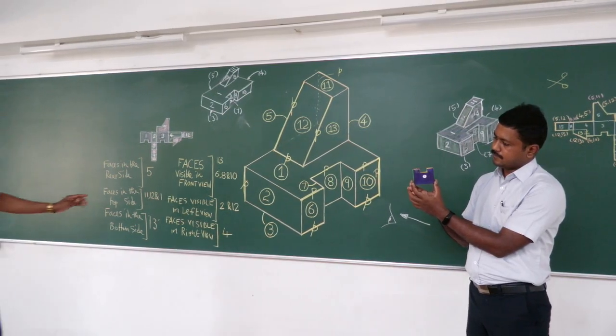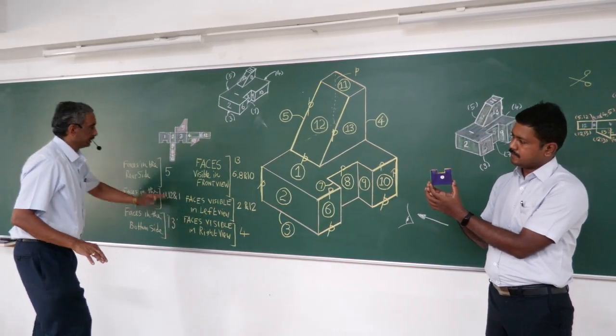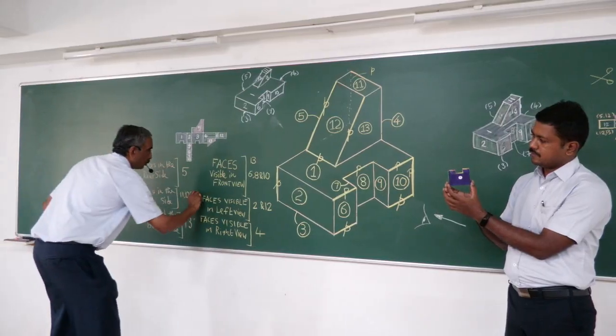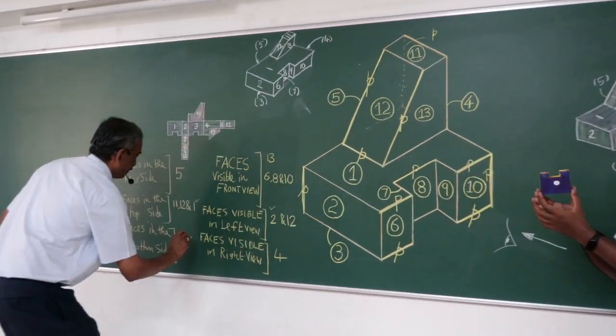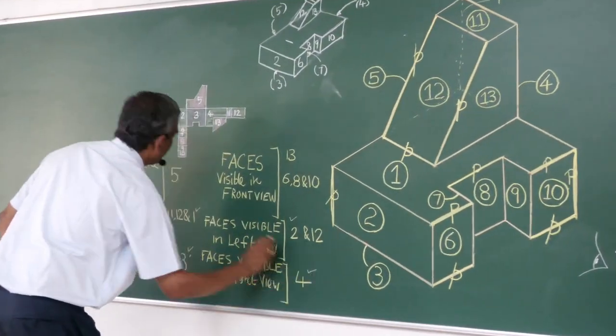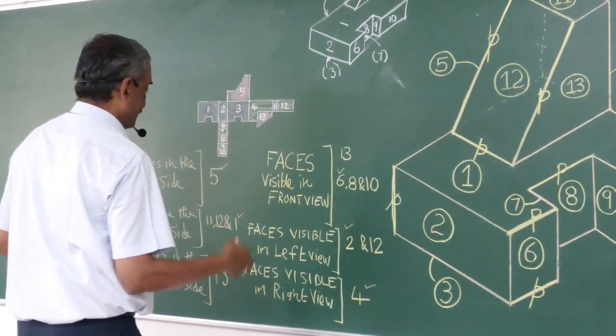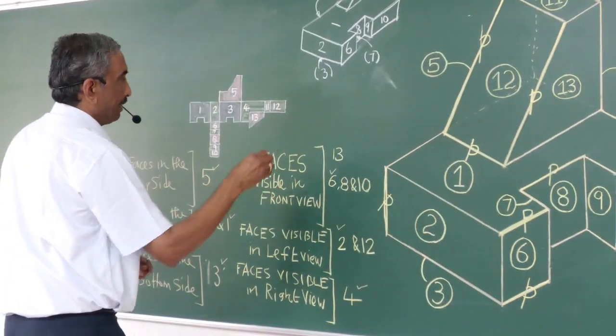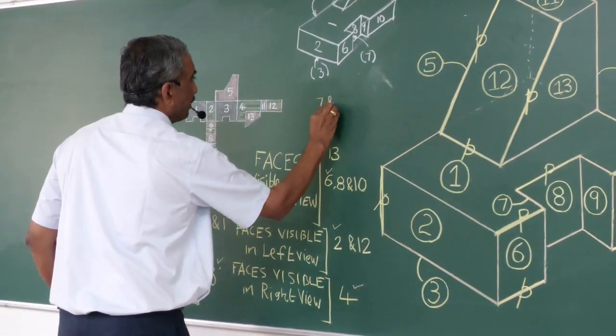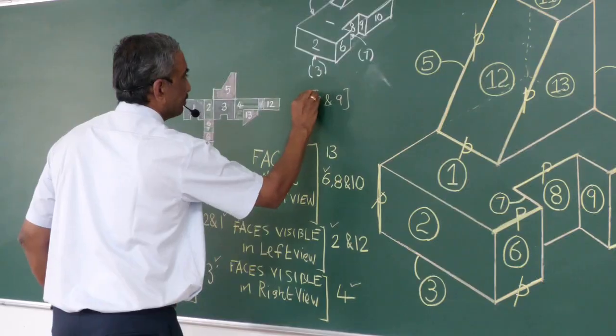You can find out whether all the faces are seen here. We have 1, 2, we have 3, we have 4, 5, 6, and 7 we have not seen. 9 we have not seen.